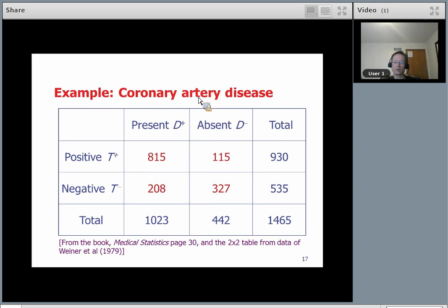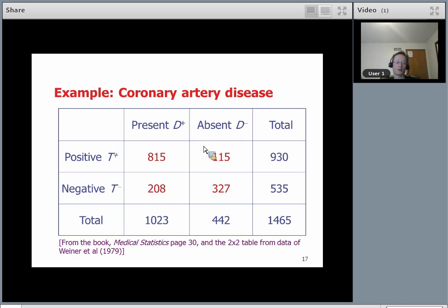So let's look at this example. It's based on a study in 1979. People tried to use this data on coronary artery disease, from 1,465 patients, to study the sensitivity and specificity of a test, or to apply Bayes theorem to study the so-called predictive value of positive tests.